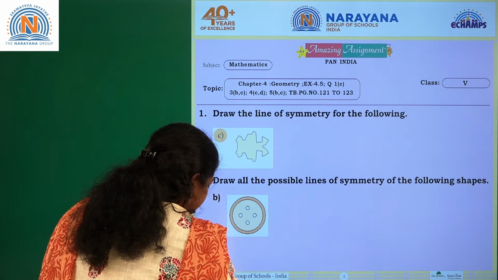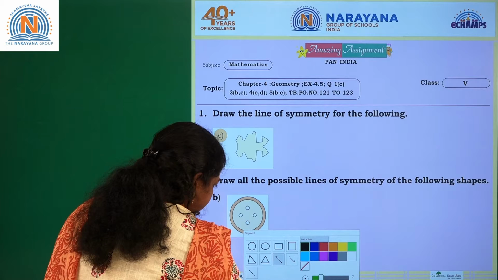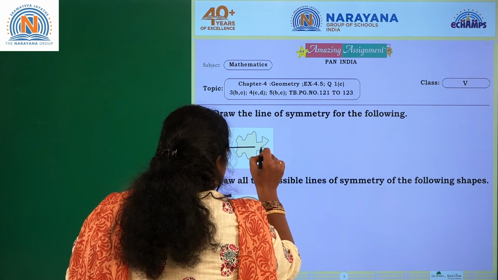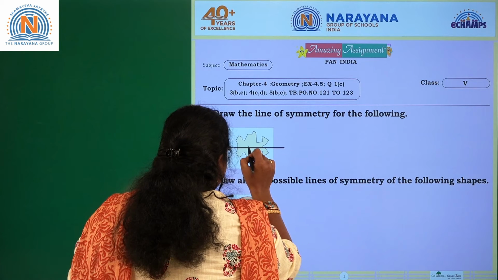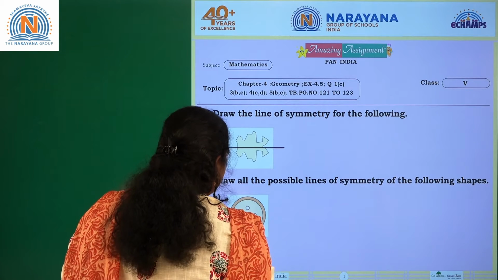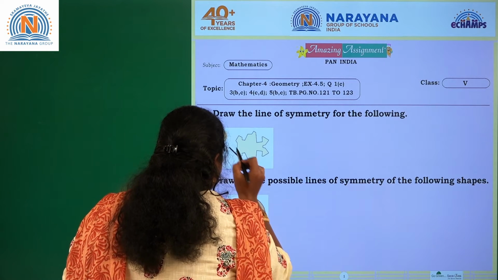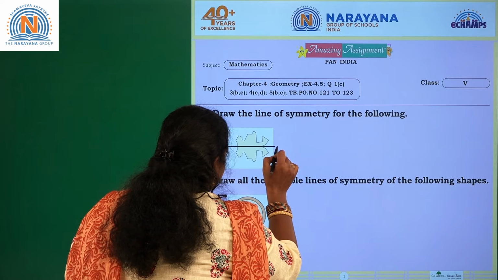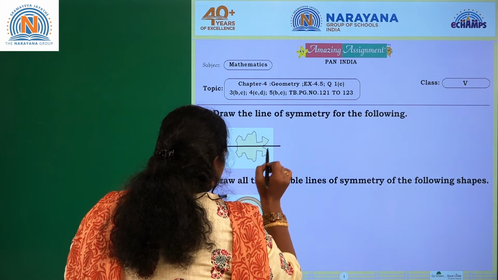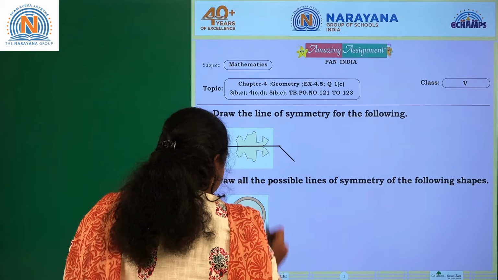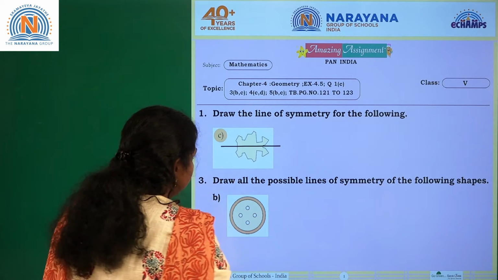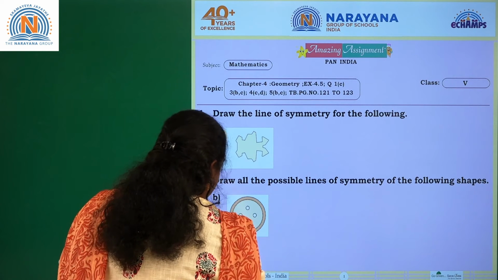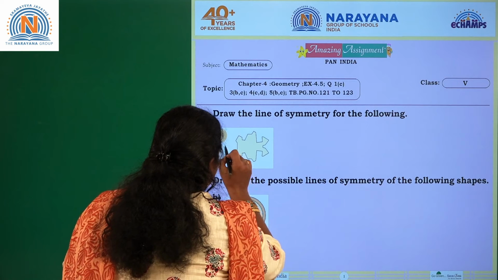Let us consider the line first. If I draw a line like this in the middle of the picture, exactly in the middle of the picture, then it looks the same.